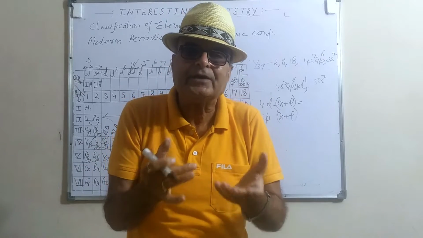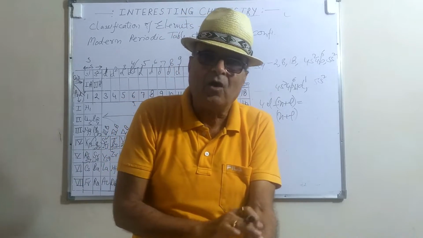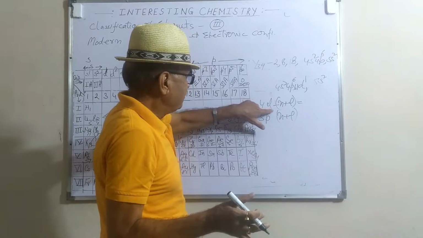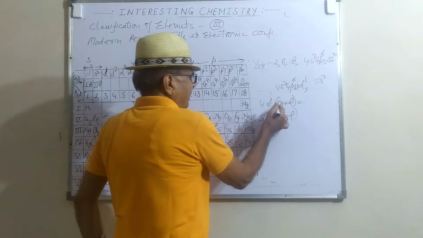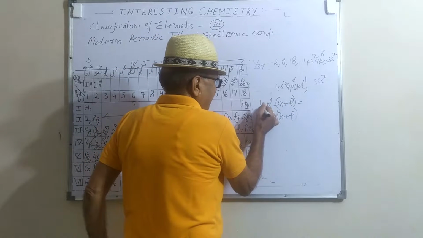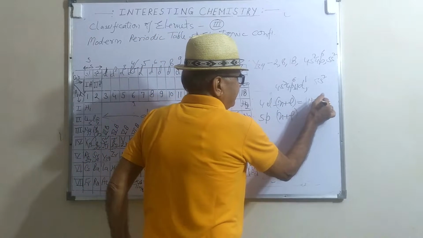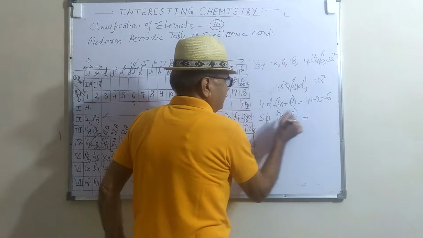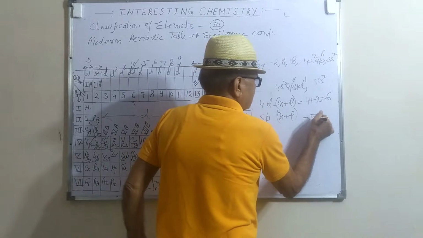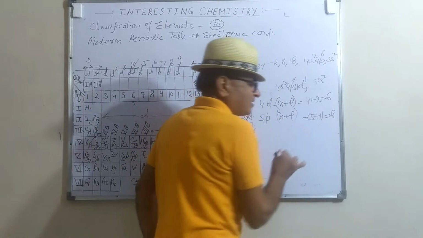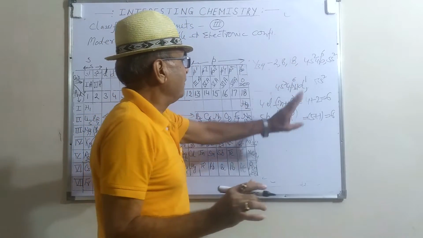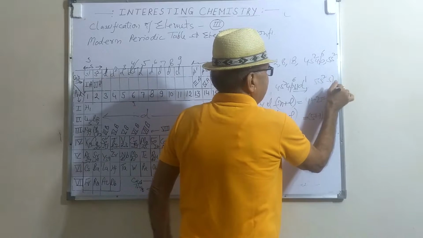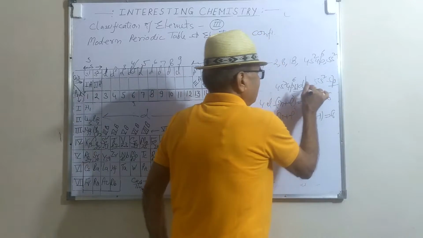Then you will know how to write the electronic configuration. For 4d, n is 4 and l is 2, so n plus l is 6. For 5p it is 5 plus 1, so here it is also 6. So the values of 4d and 5p are equal.